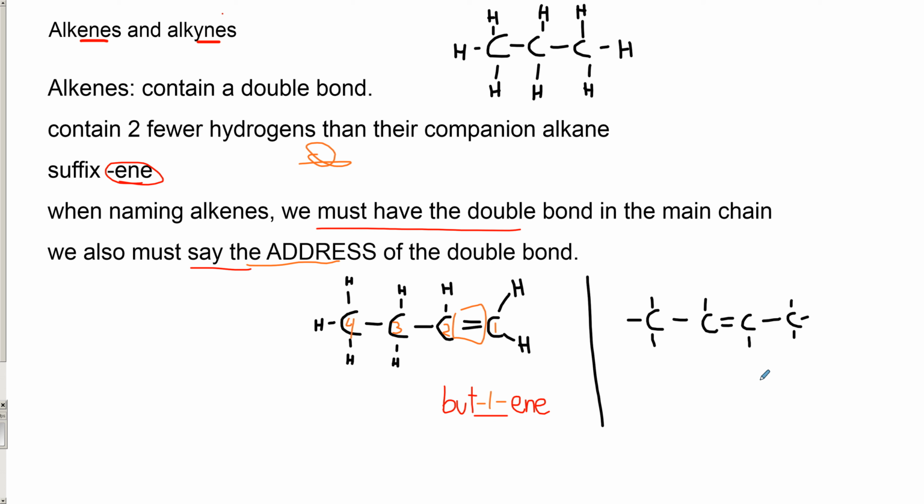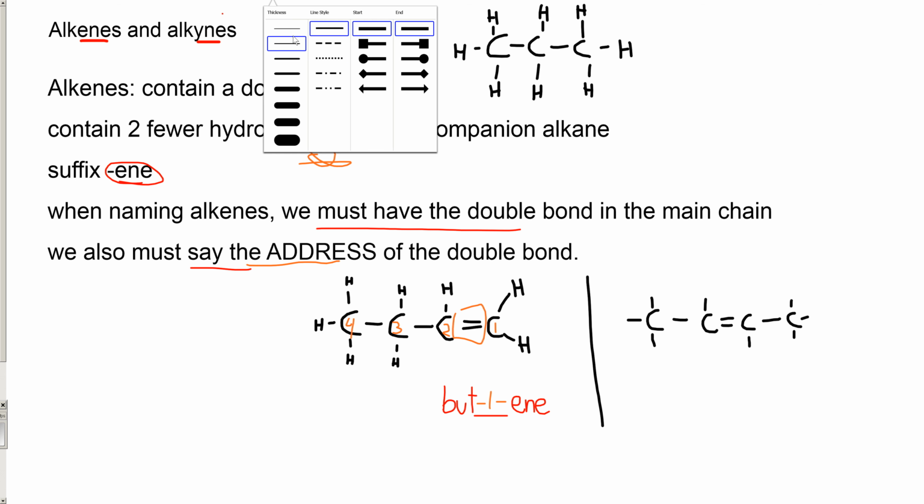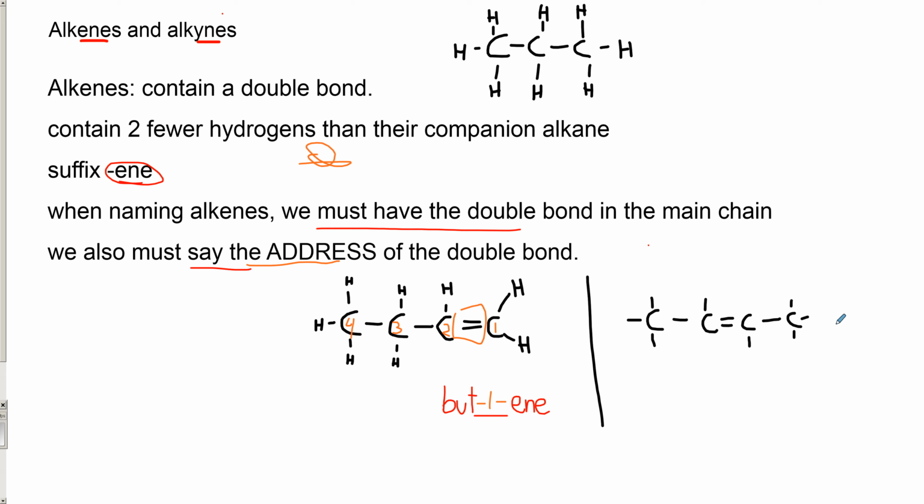To name this molecule, it's still 4 carbons, so it's still bute. It's got a double bond, so it is still ene. Then all we have to do is check where the double bond is. In this case it doesn't matter which way we count. If I count 1, 2, 3, 4, the first carbon I step onto that has a double bond is carbon 2.